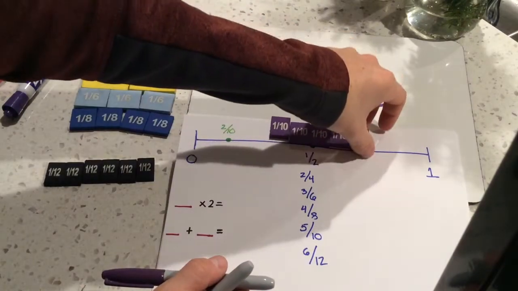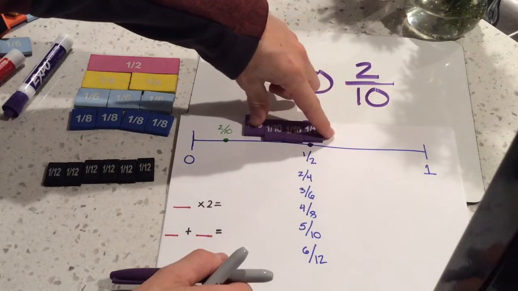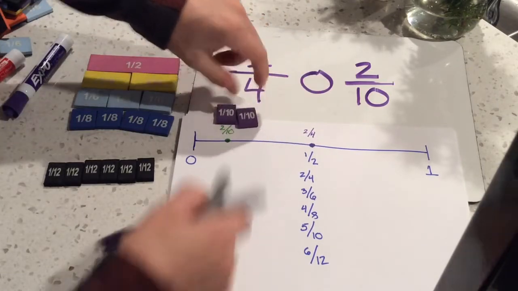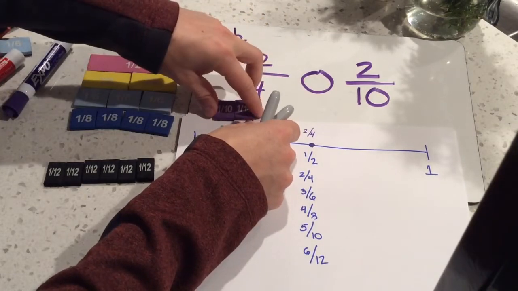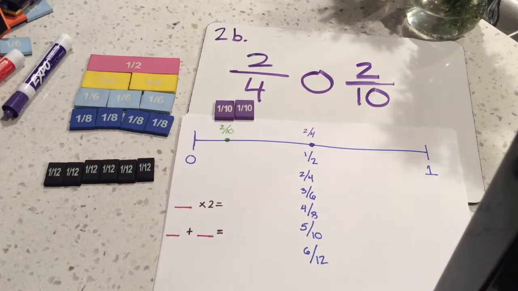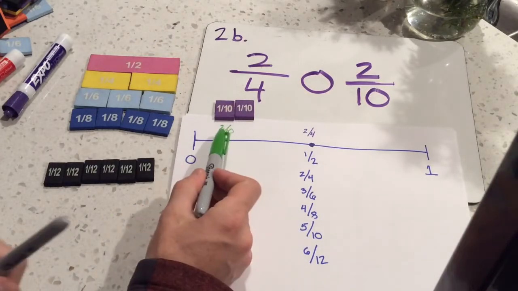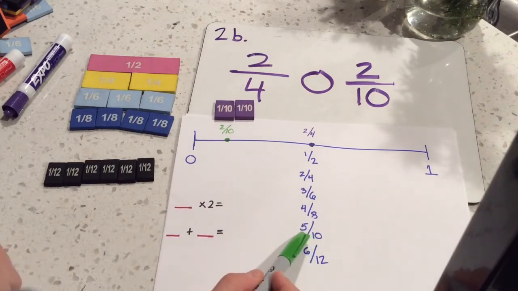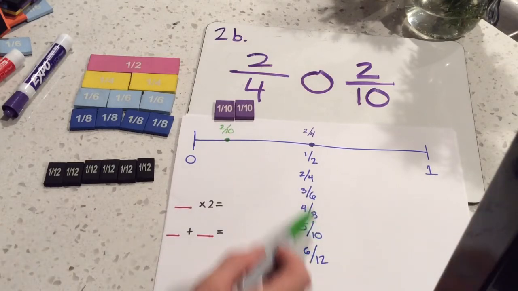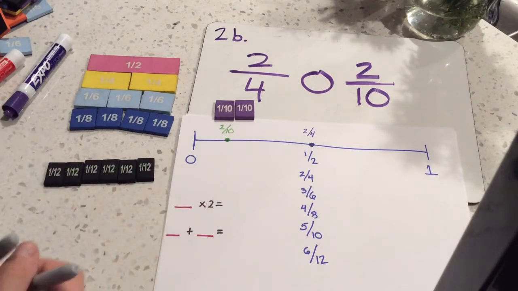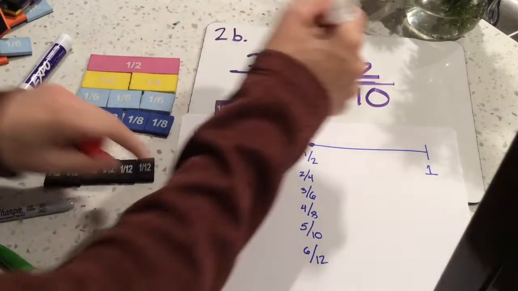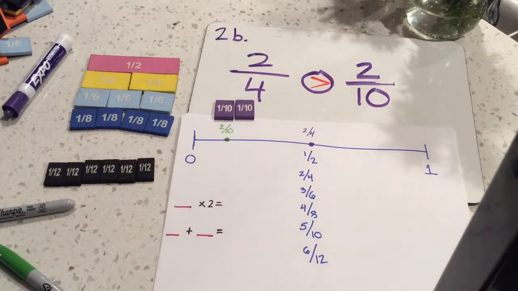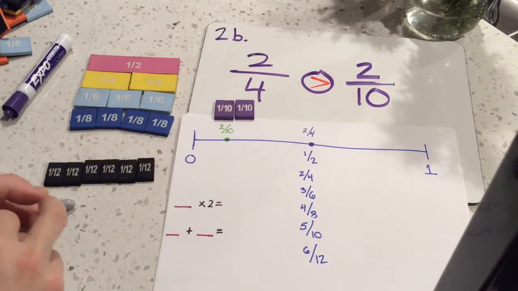So if I'm taking away, I must be moving further away from 1/2, closer to 0. So I'm creating a visual showing that 2/10 is obviously less than 5/10. And if 5/10 is equal to 1/2, I know that 2/4 is greater. Okay? 2/4 is greater.